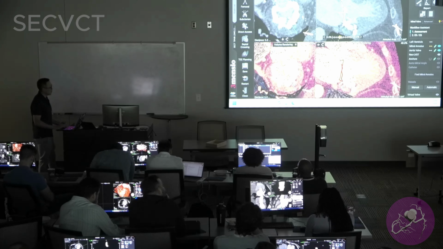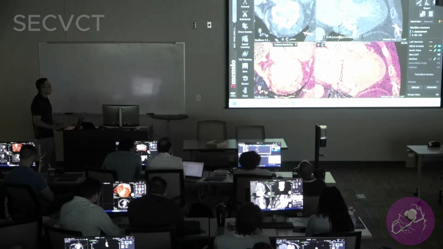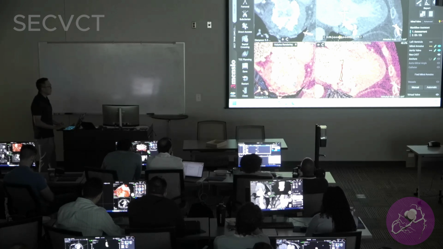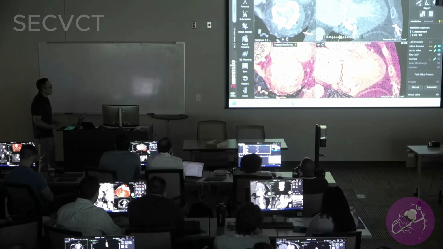And so again, the starting concept is still the same, and that is trying to define the annulus of the valve that you are going to put a valve inside of. For these MAC cases, you don't have a current valve in there as your landing zone. What you have to figure out, based on the distribution of the MAC, is where it is going to be the tightest.